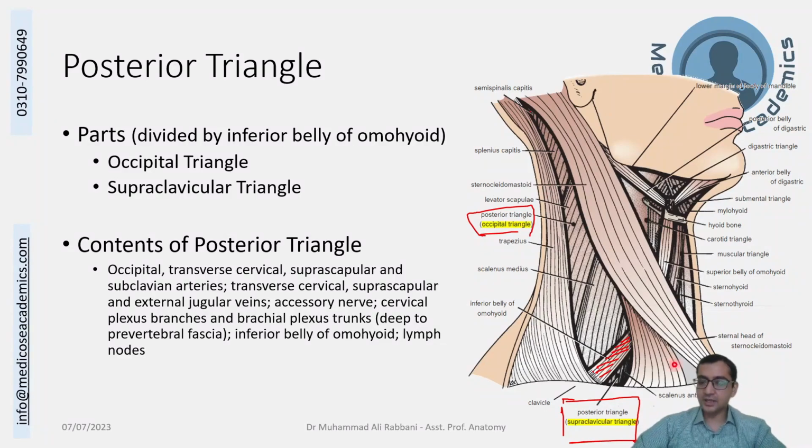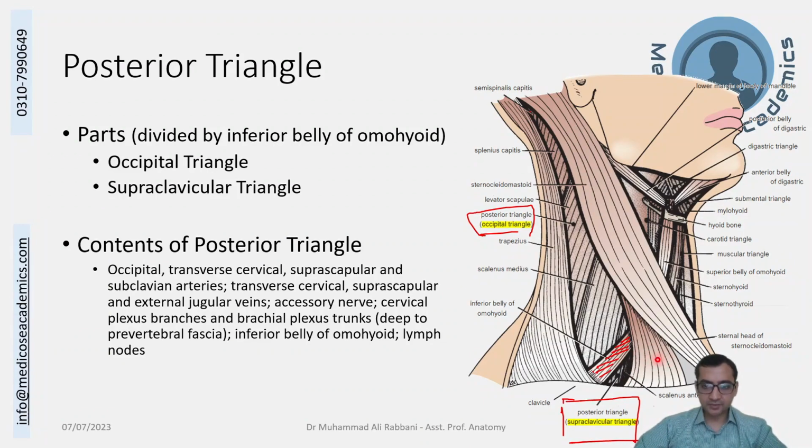Let's go to the arteries first. Arteries include the subclavian artery. It contains the third part of the subclavian artery, and a few of its branches, that is suprascapular and dorsal scapular, if present. Then there is the subclavian vein.